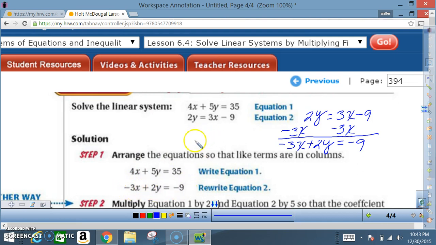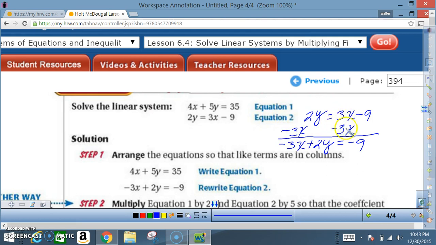to 9. Once again, this is one of those things that you should already know. But as a repeat, 2y is equal to 3x minus 9. That's this equation. All right? I want the x and the y on the same side. The y is already over there, so I must move the x. So to do that, I'm going to say minus 3x minus 3x.